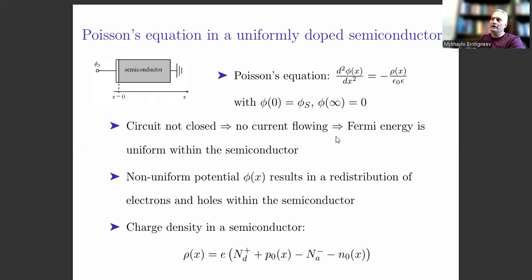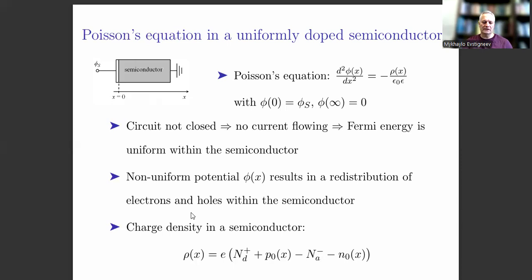So electrons and acceptors are negatively charged particles, and holes and donors are positively charged particles. Multiply the concentration of each type of charge with the elementary charge, and you will get the respective volume charge density due to that type of particles.